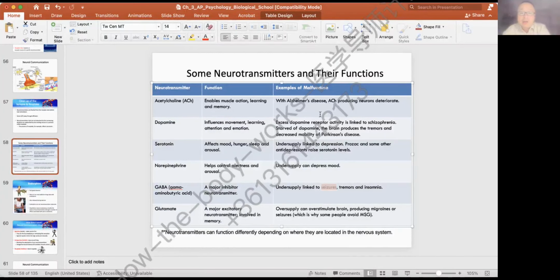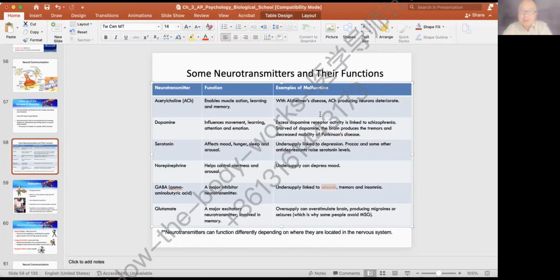I think you know what Alzheimer's disease is, right? Alzheimer's disease is when aging people have a tendency toward stupidity, losing memory, losing smartness, and in the end cannot remember anything in the past.